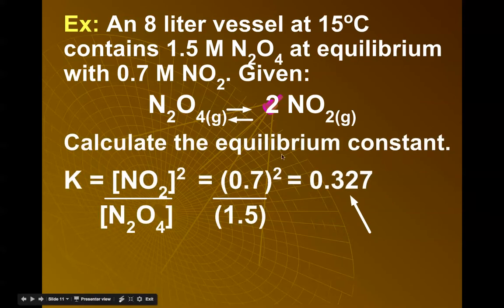If we're asked to calculate the equilibrium constant, we'll need to plug it in. We've got the concentration of the products on top, coefficients become exponents, and then we just plug in the numbers. Here's your concentration of NO2, so we plugged that in there, squared it, and divided by 1.5 to get 0.327. This is the equilibrium constant for these conditions.